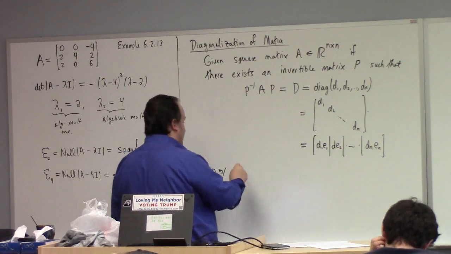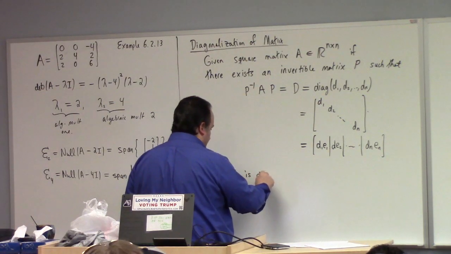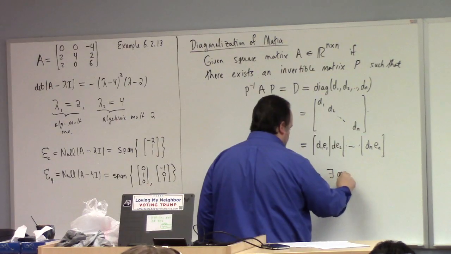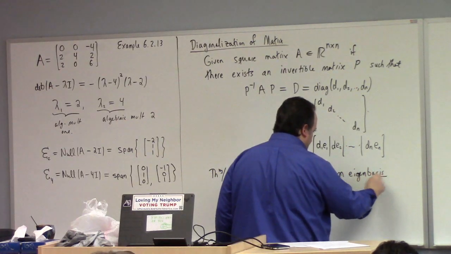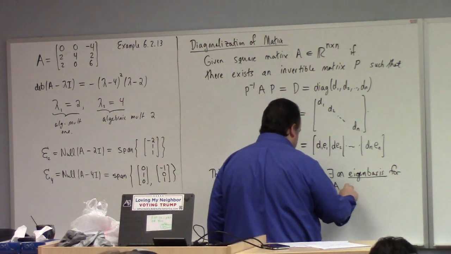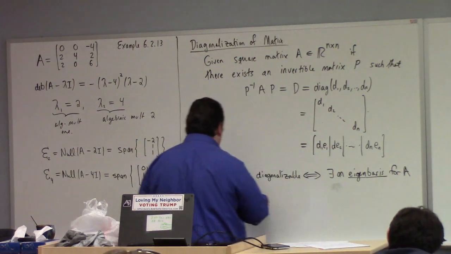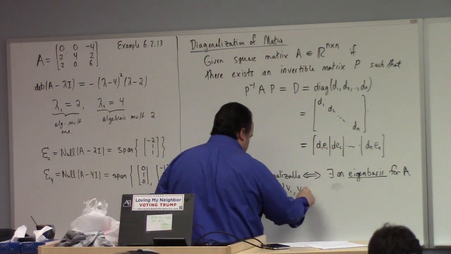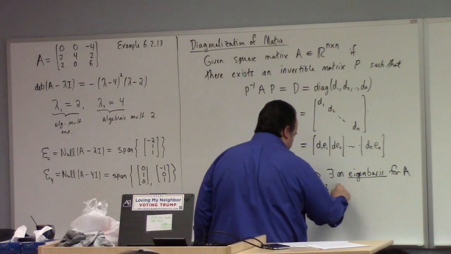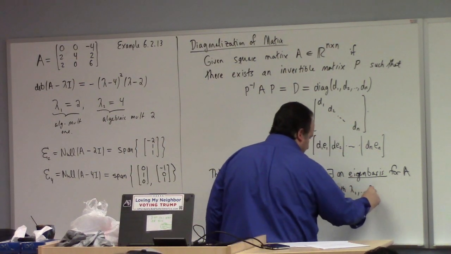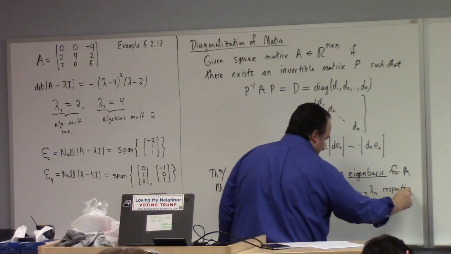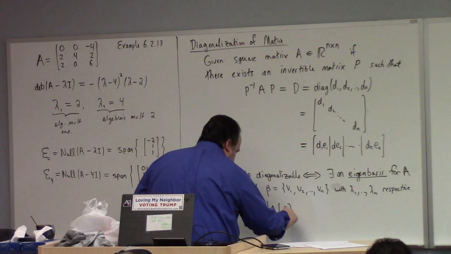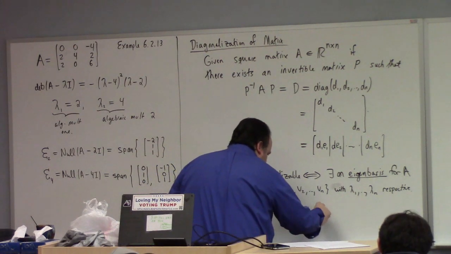The theorem is this: A is diagonalizable if and only if there exists an eigenbasis for A. Moreover, if that eigenbasis beta is V1, V2, through Vn with eigenvalues lambda 1 through lambda n respectively, then the basis matrix inverse times A times the basis matrix again is in fact equal to a diagonal matrix where the diagonals are the eigenvalues.